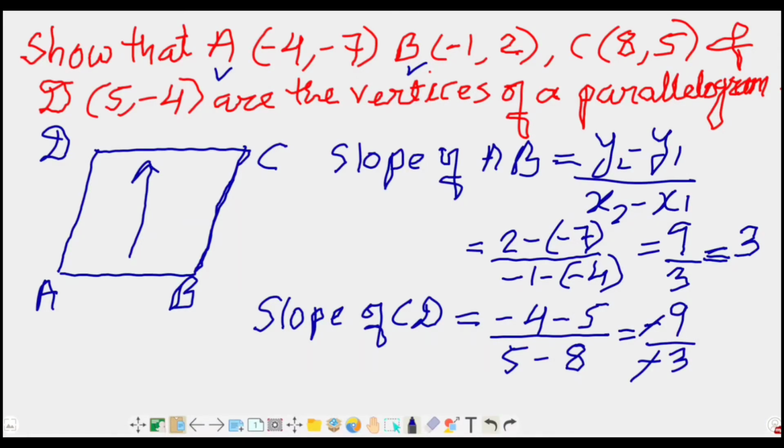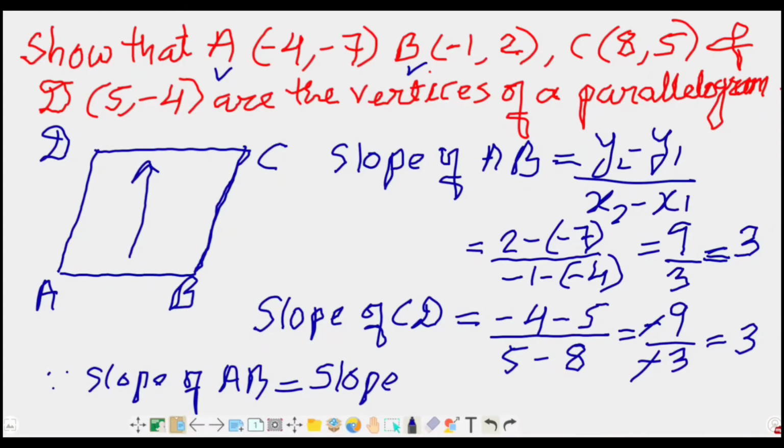Minus will get cancelled. When you reduce, you will get 3. So since the same concept we will apply, the slope of AB is equal to the slope of CD. So what is your conclusion based on that? Therefore, AB is parallel to CD.